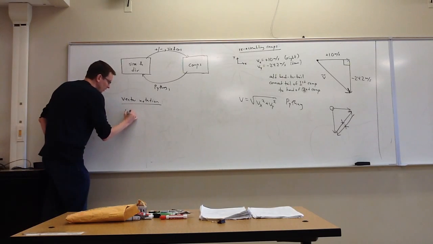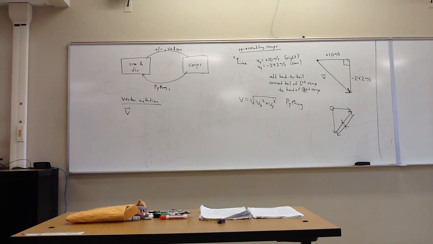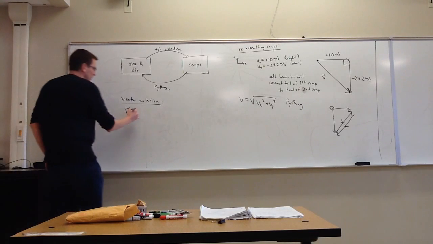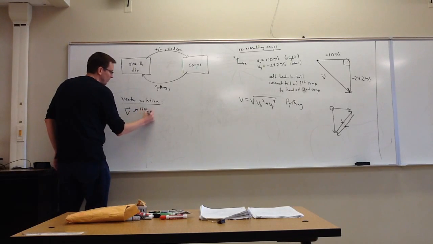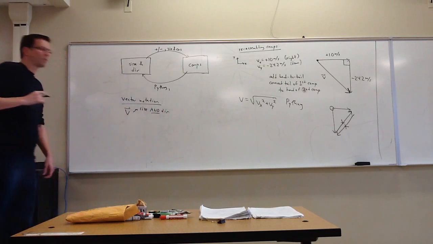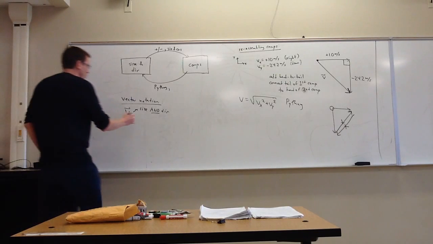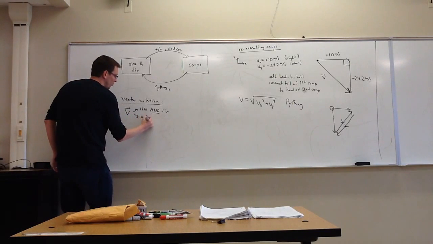If you see a vector with the vector hat, that's the whole thing. You have to include in your description either the entire size and the direction, because of course both of those are part of a vector, or you can make a list of what the two components are.